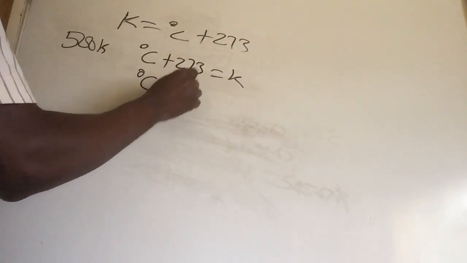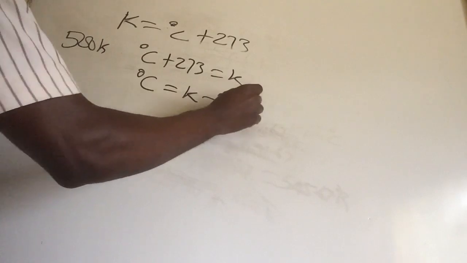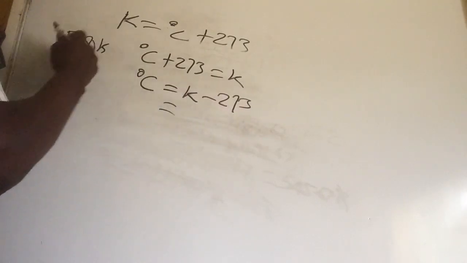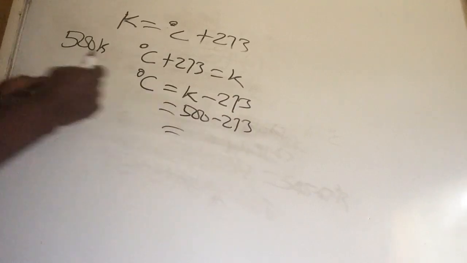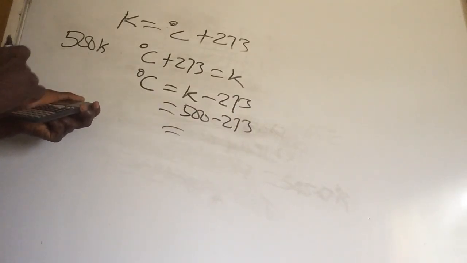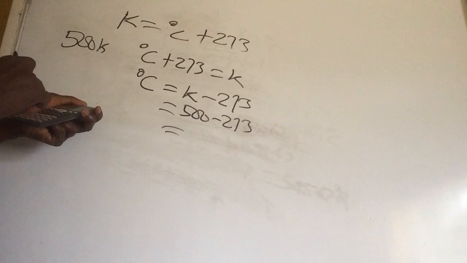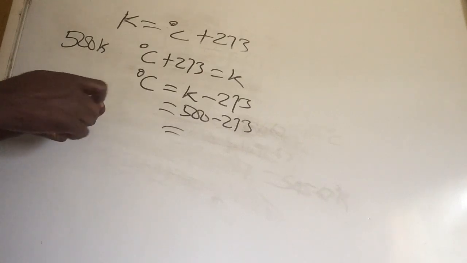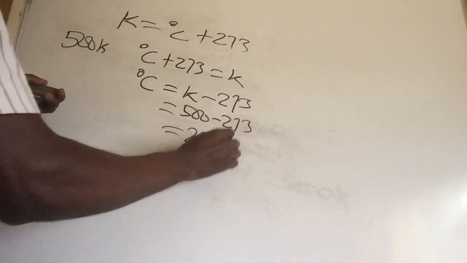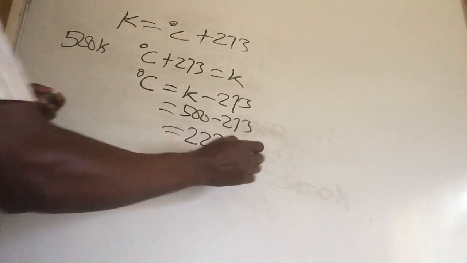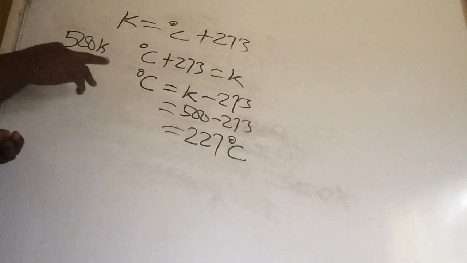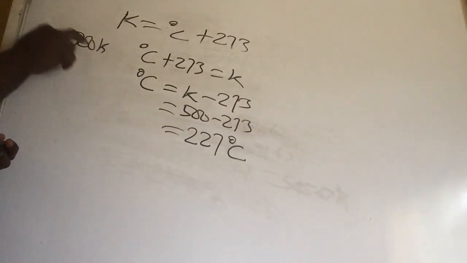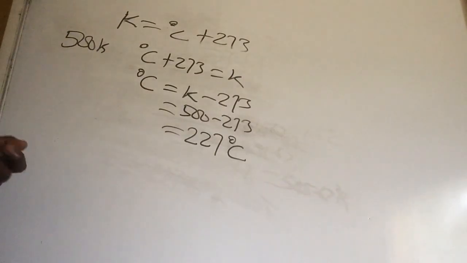Degrees Celsius equals K minus 273. Our K is 500 minus 273. When you subtract 273 from 500, what do we have? We have 227 degrees Celsius. That's how to convert Kelvin to degrees Celsius.